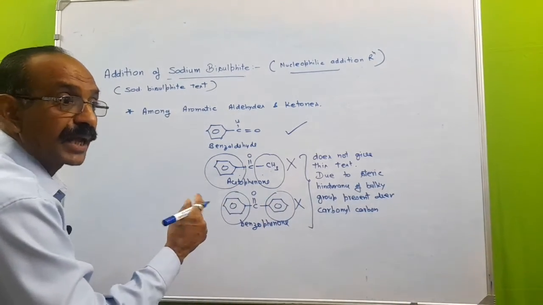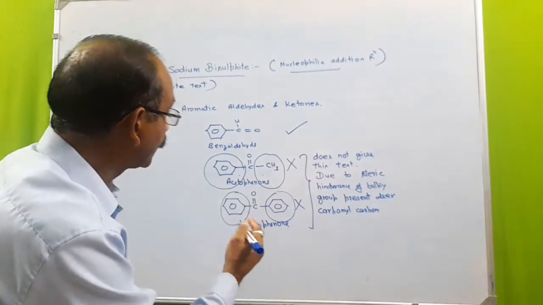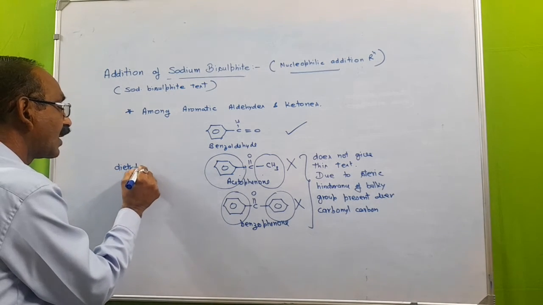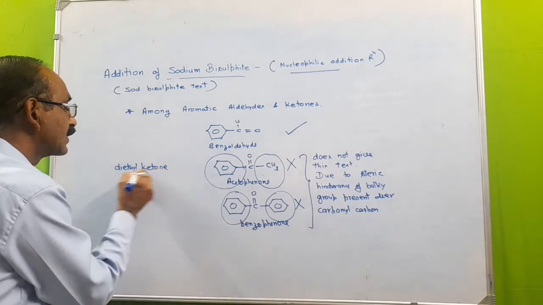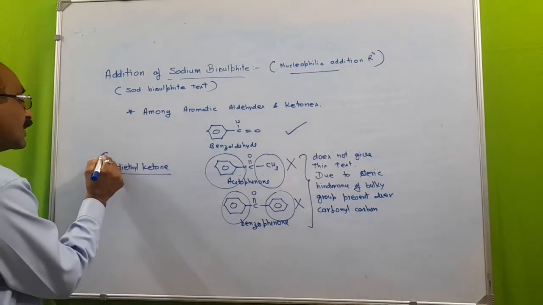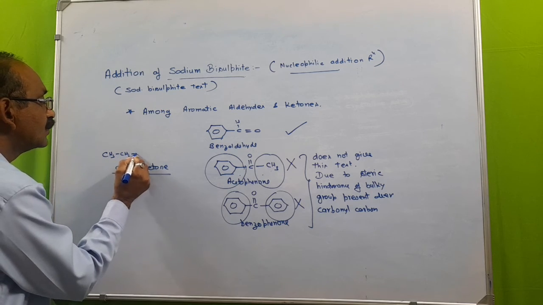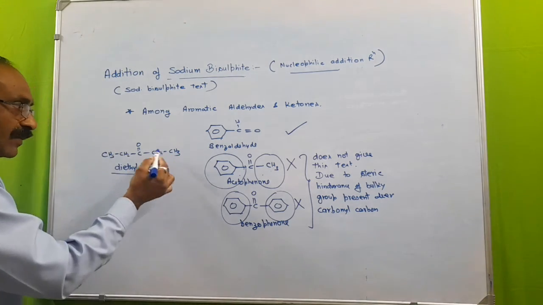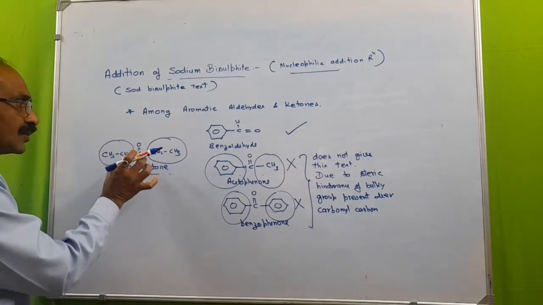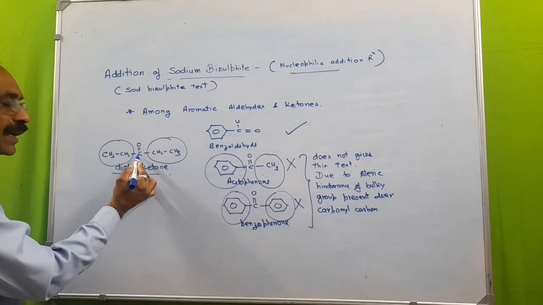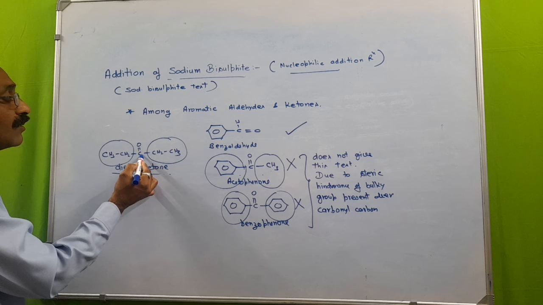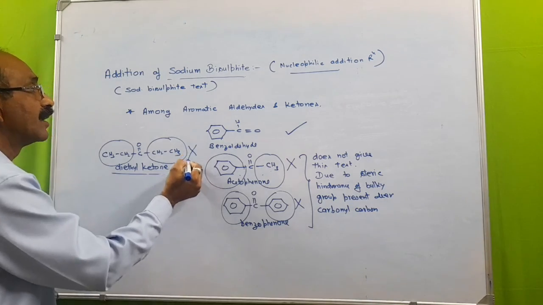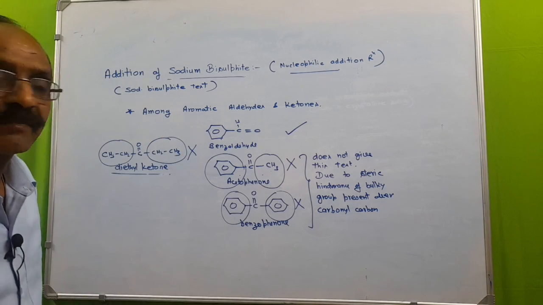Even diethyl ketone also does not give this test. Diethyl ketone is among the aliphatic ketones. This one is CH3CH2, C double bond O, and CH2CH3. Here there are two bulky groups. So they will hinder the attack of the nucleophile over this carbonyl carbon. That's why this one also does not give the positive sodium bisulfite test. Is it clear?